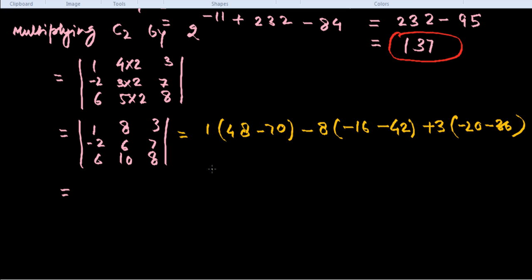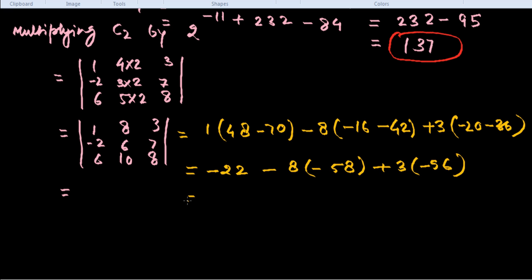So now 10 minus 2 and 6 minus 4 2. It is minus 22, minus 8 into this negative 58. Here 3, we get minus 56.